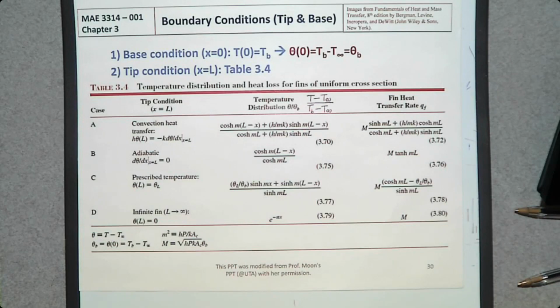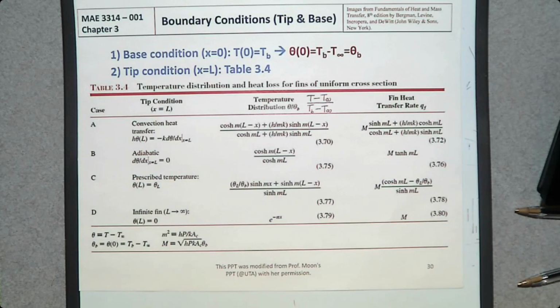So, depending on the tip condition, these are how we calculate the temperature at a certain point in the fin. And this is how we calculate the total heat transfer rate from one single fin. So this table is the solution to any fin analysis. In your exam, this table is going to be provided.